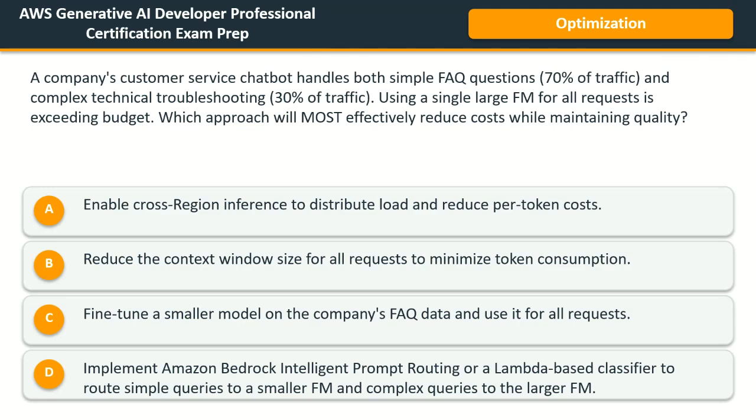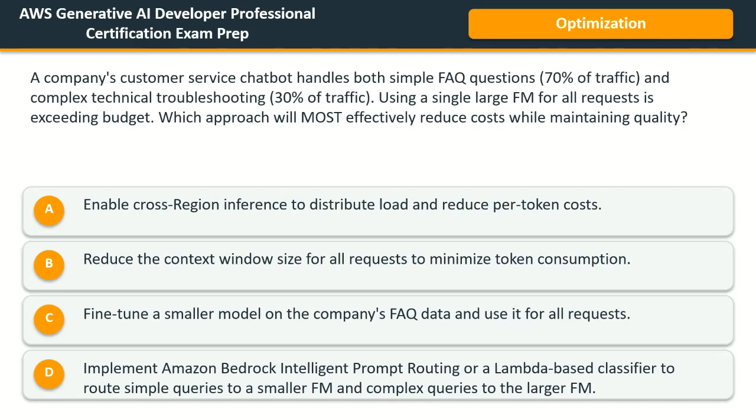C, fine-tune a smaller model on the company's FAQ data and use it for all requests. D, implement Amazon Bedrock Intelligent Prompt Routing or a Lambda-based classifier to route simple queries to a smaller foundation model and complex queries to the larger foundation model. D is the correct answer.